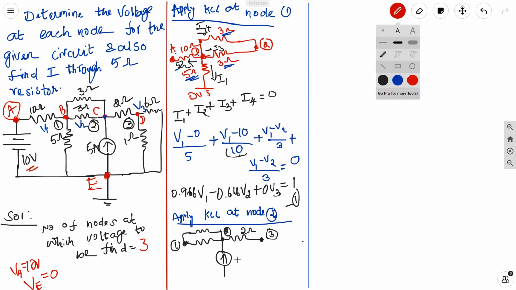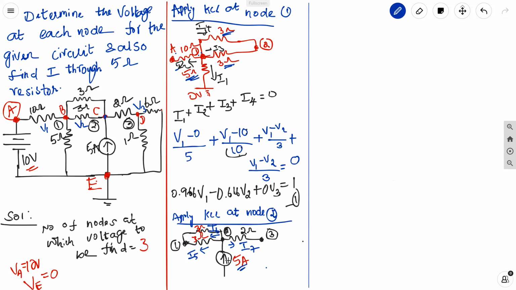Let us choose the current through one 3 ohm as I5 and the other as I6, and this one I choose as I7.